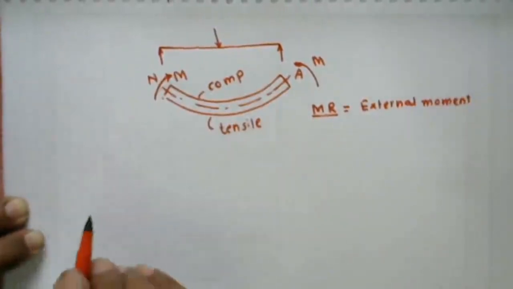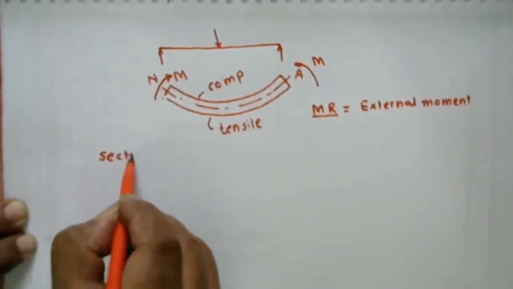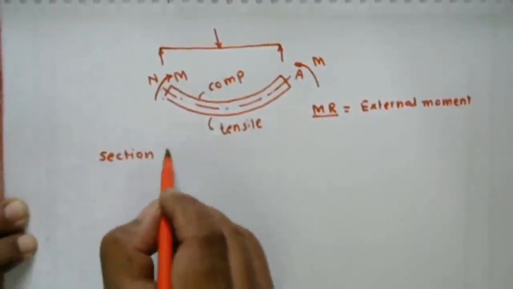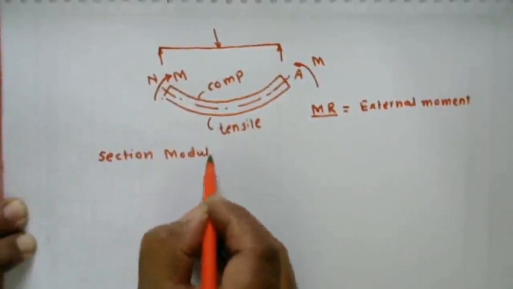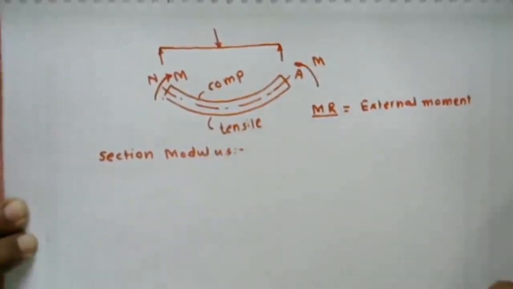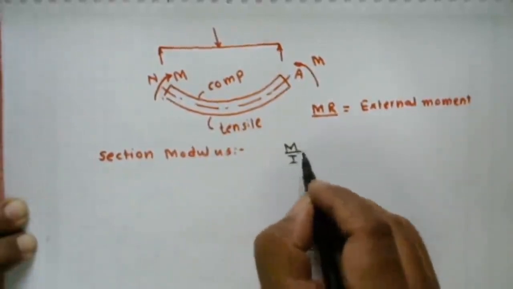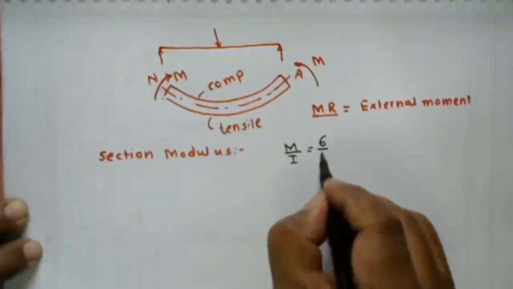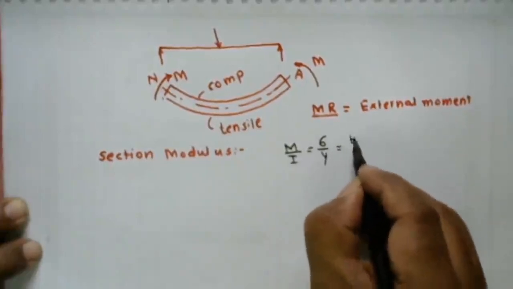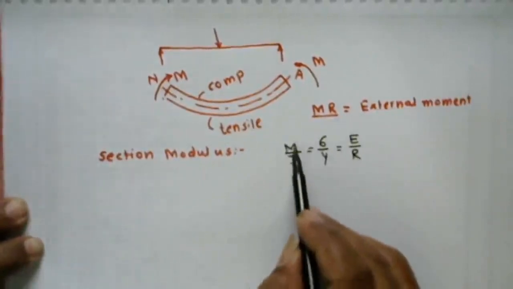Now the next point is section modulus. All of you know the flexure formula. Flexure formula says that M upon I is equal to sigma upon Y is equal to capital E upon R, in which M is called the moment, or you may say moment of resistance.